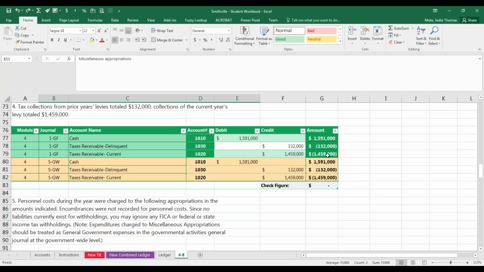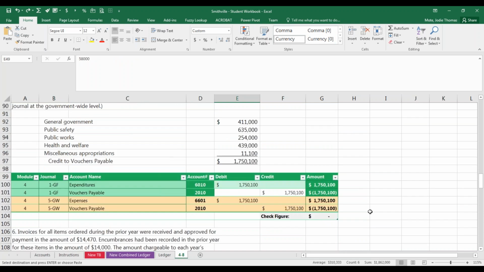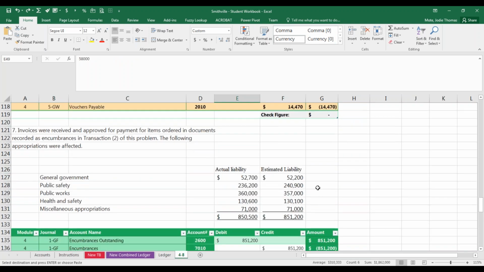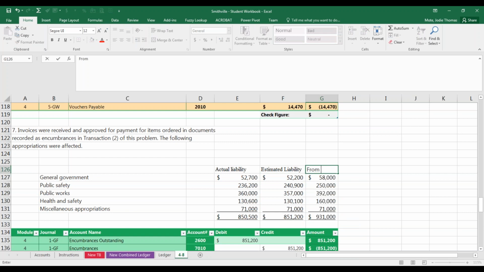And why am I scrolling up and down? I'm sorry. Let's copy and paste this down so that we can see here. And from problem 2, as you can see here, these are the only ones.